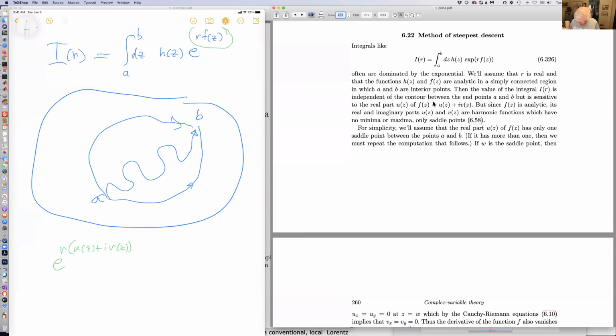So this is very sensitive to u of z. It doesn't care quite so much for v, but it's really sensitive to u. On the other hand, if v varies rapidly, then it's also sensitive to v.